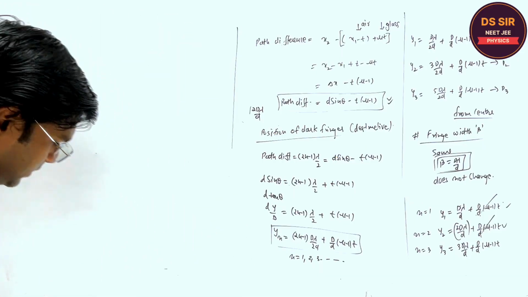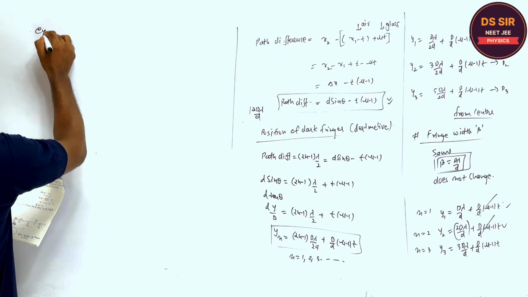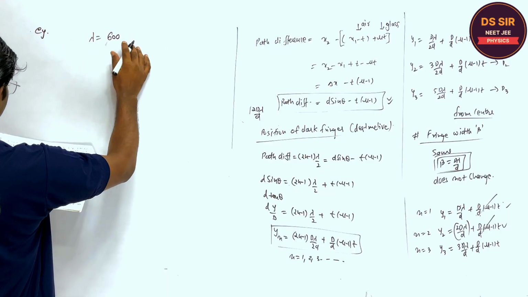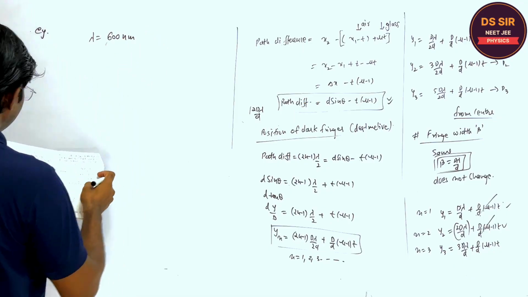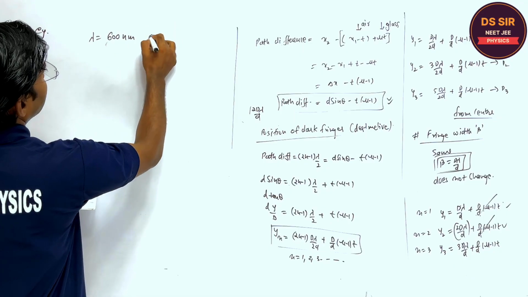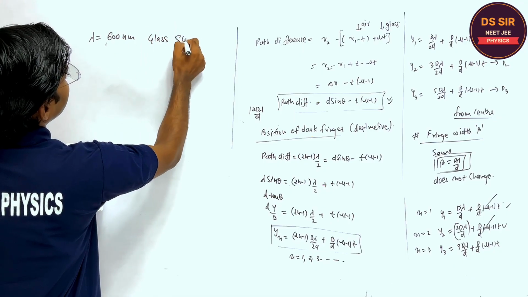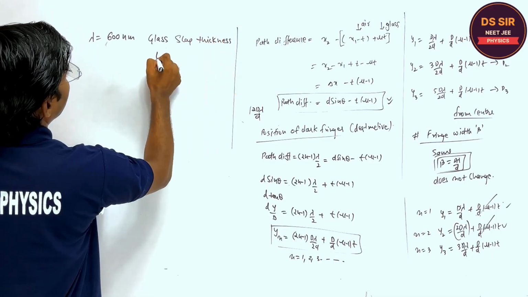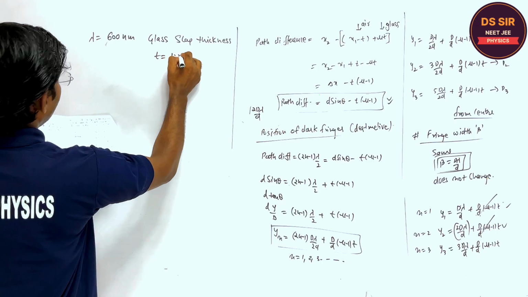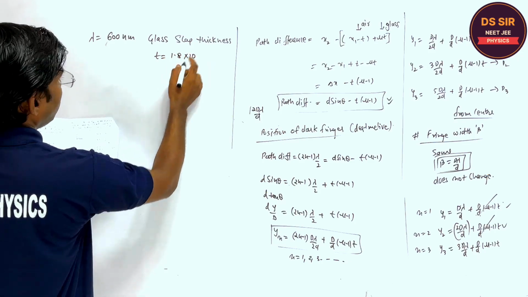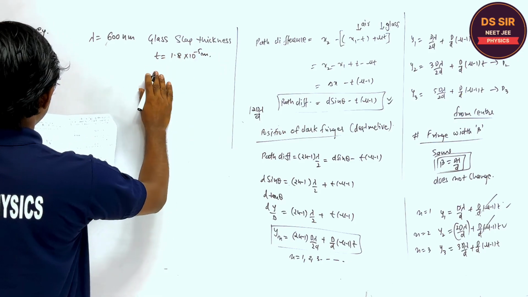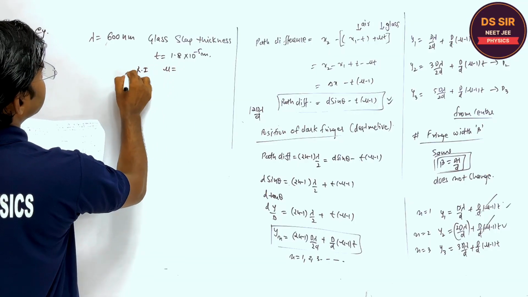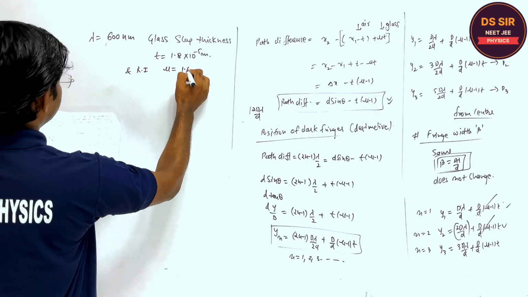For example, listen. I'm writing in short. The wavelength of the light used is 600 nanometer in YDSE, and the glass slab thickness is given in the question: t is equal to 1.8 into 10 to the power minus 5 meter, and refractive index is 1.6.